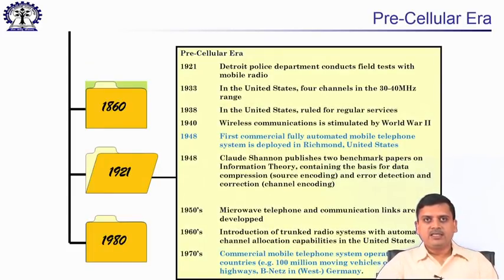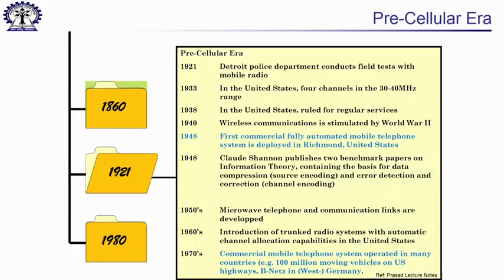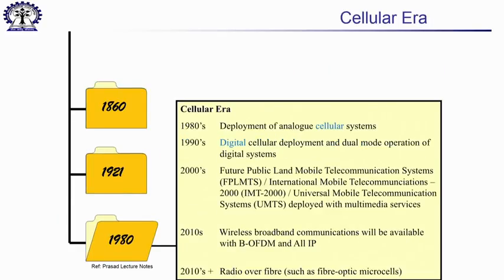In the 1860s, it was mostly the developments that we had seen before. Thereafter, it was the period where cellular telephony became important. Around 1948, 1950s, it was the region where fully automated mobile telephony came into play, and then around 1970s to 1980s, mobile telephony became very commercial. A lot of people were using it. From 1980s onwards, it was the cellular concepts which came into being, and today we are still using those concepts of cellular.